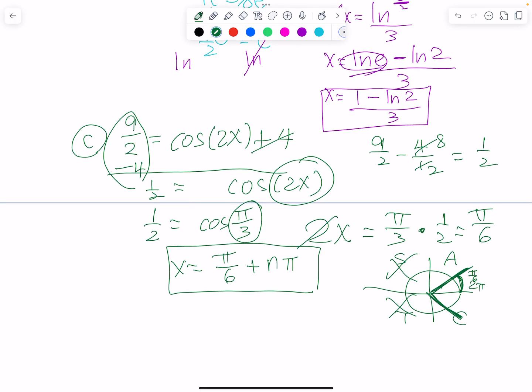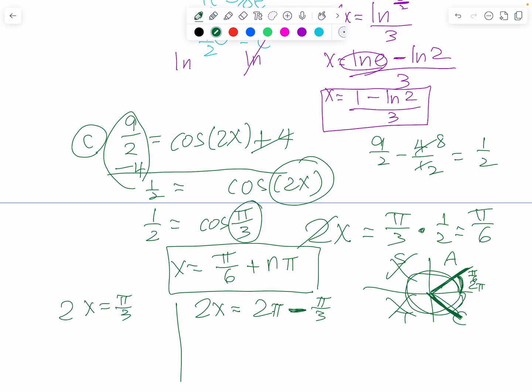So we know that before that 2x was pi over 3. Now another option I could have written also because of the other quadrant right here would be 2x is 2 pi, which is the whole circle, minus pi over 3, because that part right here would be pi over 3. I'm sorry, this was pi over 3, sorry.